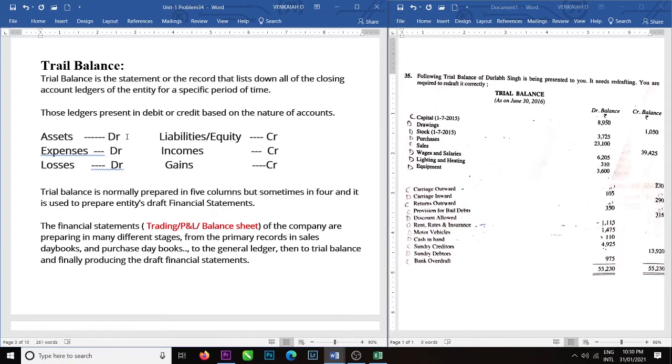Next unit we will understand that. And those not considered subsidiary books will be posted in journal, ledger, then go to trial balance. That ledger balances were posted into trial balance, finally producing the draft financial statements. From the trial balance, we prepare financial statements. Those are the trading profit and loss account and balance sheet, where accounting ends.